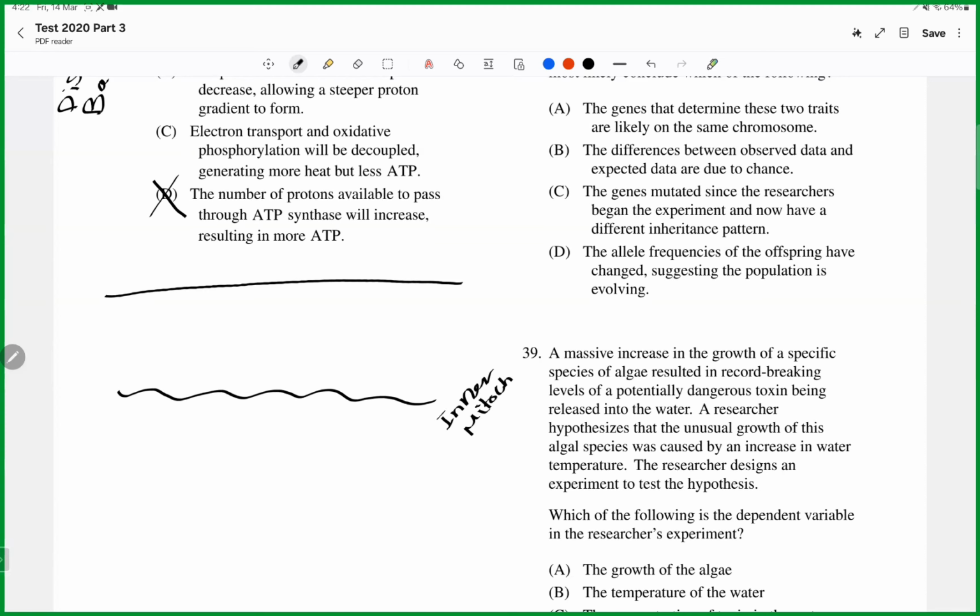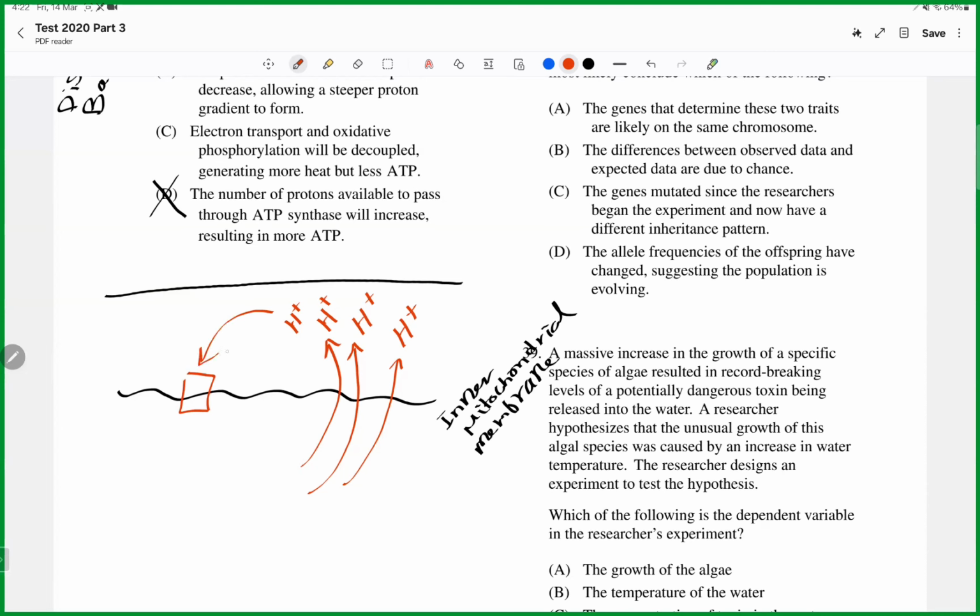So, look, guys, the H plus has to move here. And after some point, it has to move back through only the ATP synthase. Only.